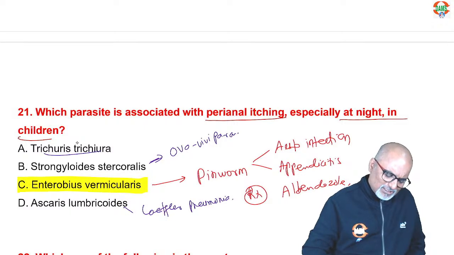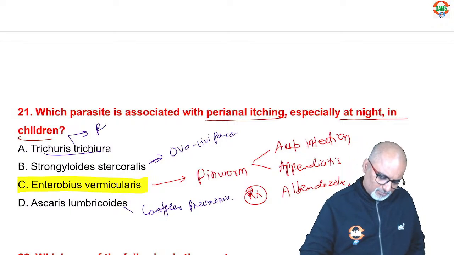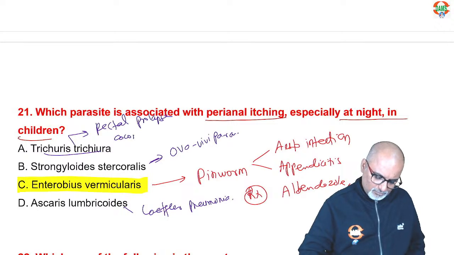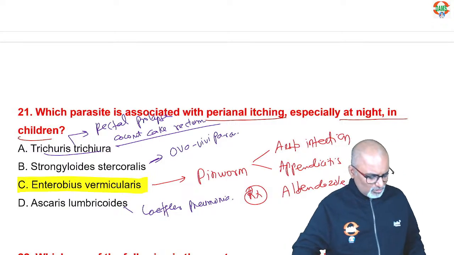Trichuris trichiura, what does it cause, my dears? In children, very important point, rectal prolapse, we call it coconut cake rectum.